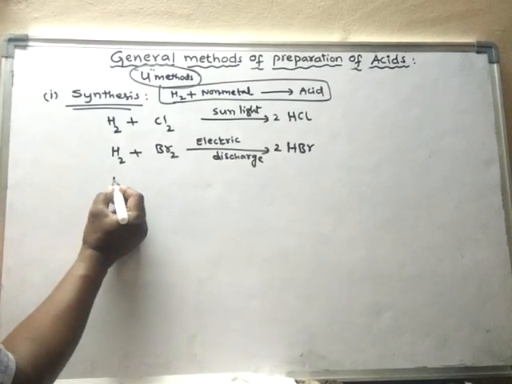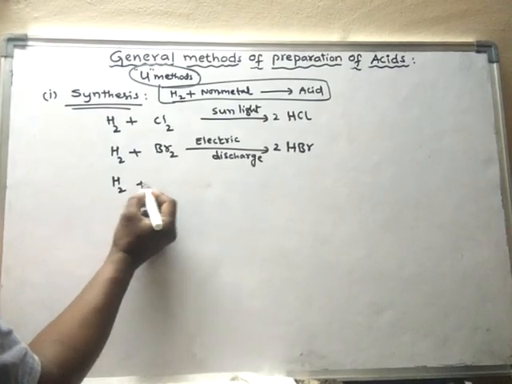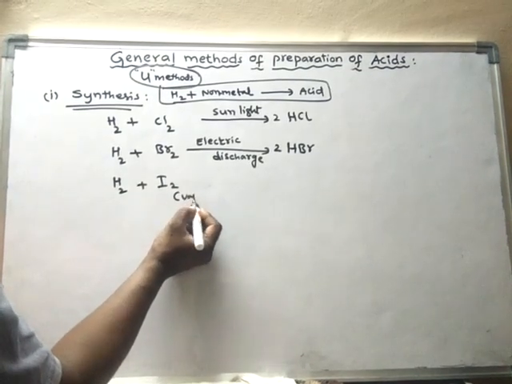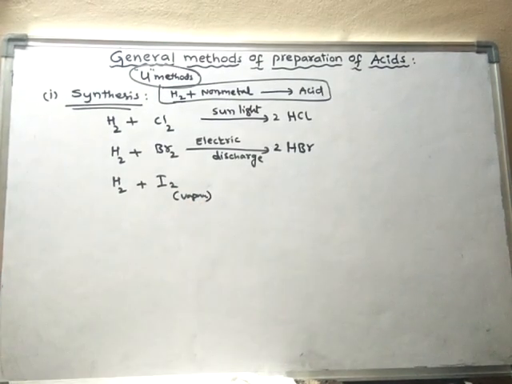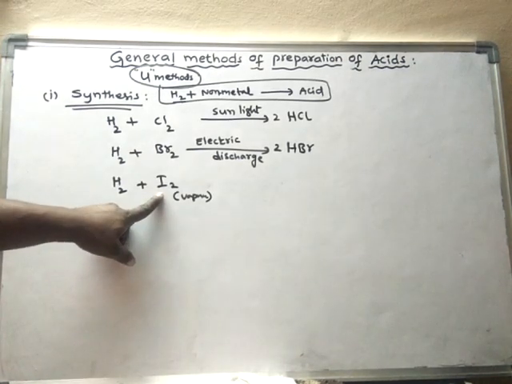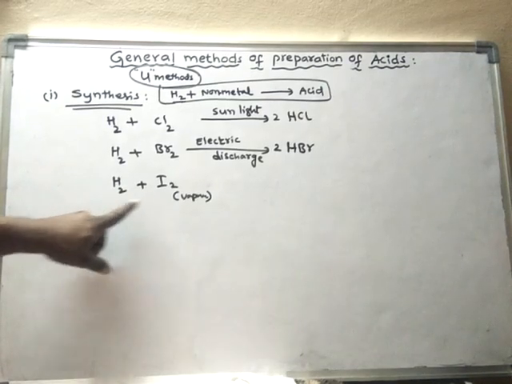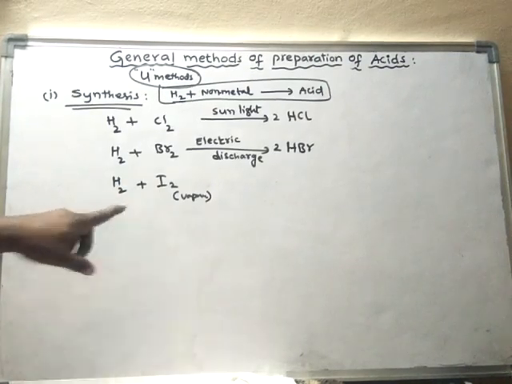In the same way, even hydrogen and iodine in the form of vapor react. Generally iodine is in the form of solid, so we have to collect the iodine vapors and mix them with the hydrogen gas.